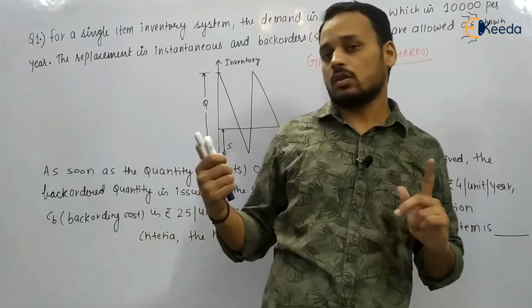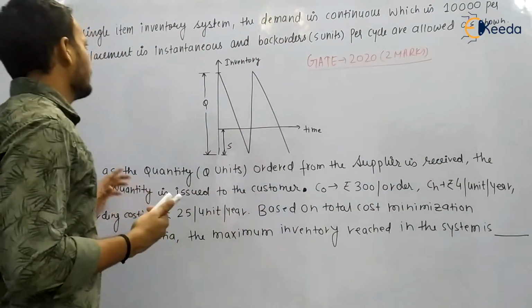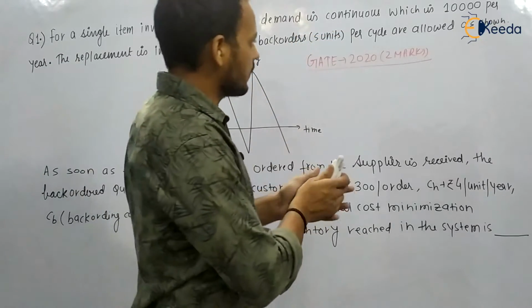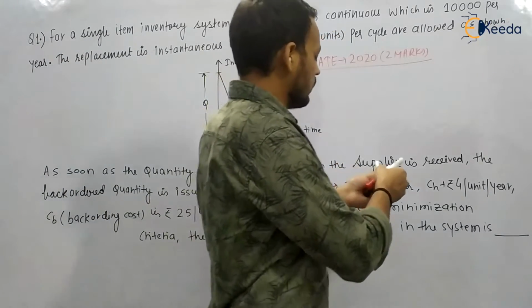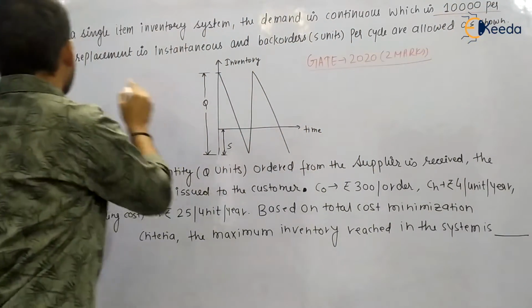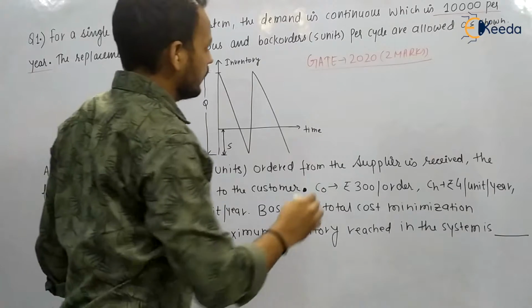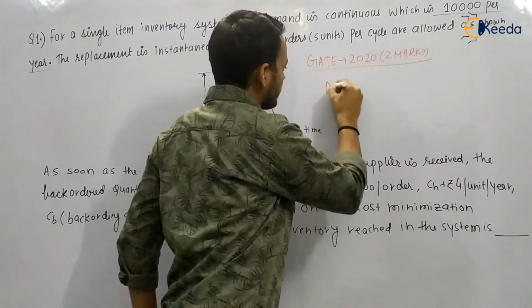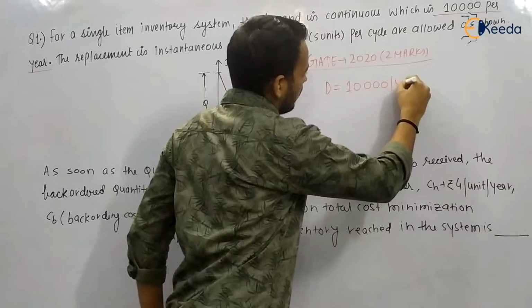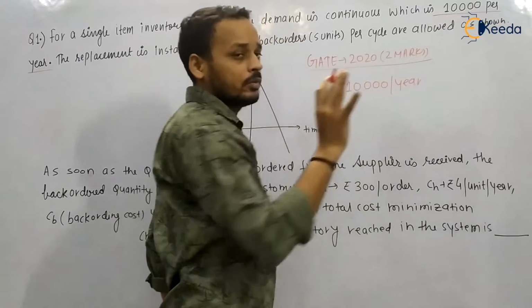So we will read the question. It says that for a single item inventory system, the demand is continuous, which is 10,000 per year. So basically capital D is given, capital D is 10,000 per annum.